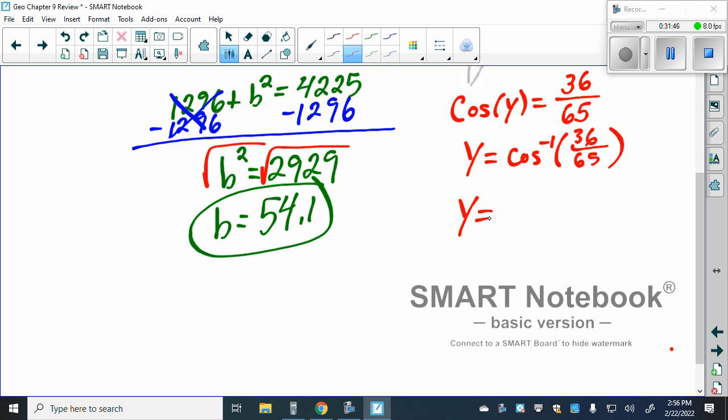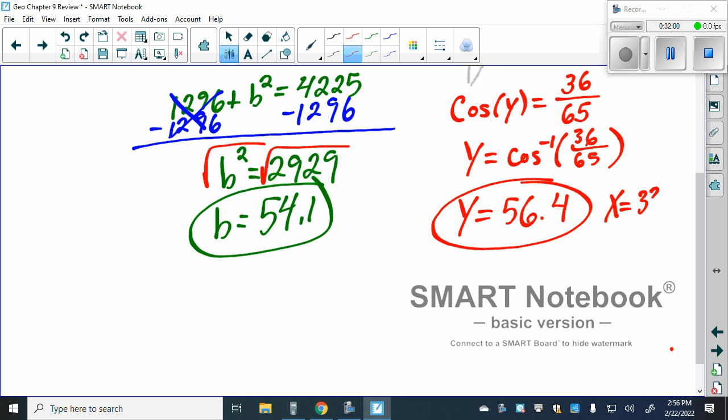And it's telling us that y is equal to 56.4. And if we subtract that from 90, we get 33.6 for the other angle.